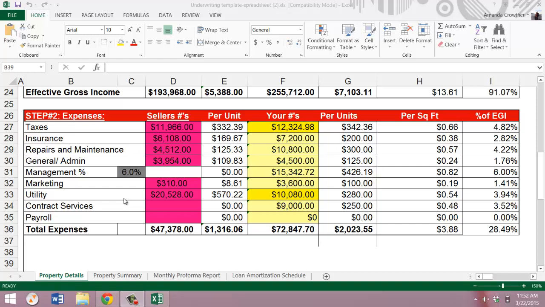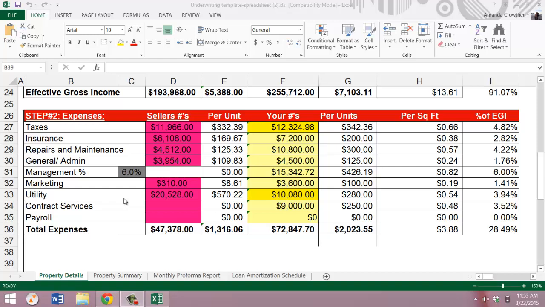The next cell is for contract services. This is where you'll find any third-party contracts that are required to keep the property maintained, usually things like landscaping and pest control. Again, in this case, since the owner is the property manager, he has not reported a number, even though I know for a fact that he does bring in a third-party company to do his pest control. And finally, payroll, which is for the salaries of the people who work in the office.